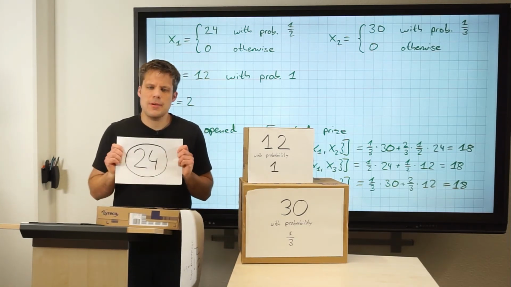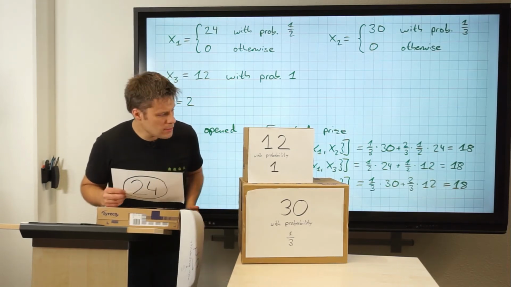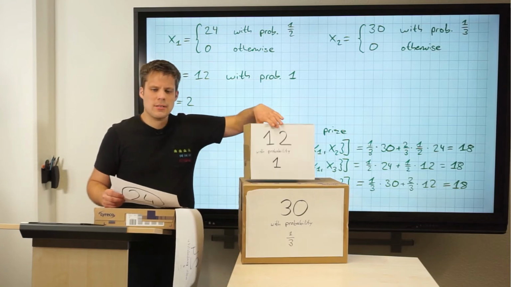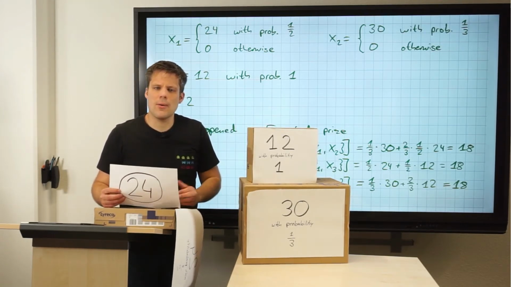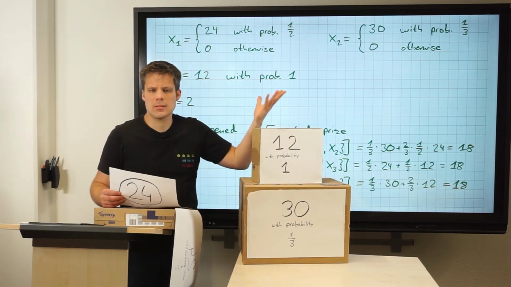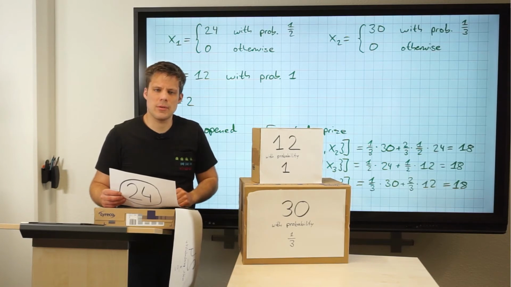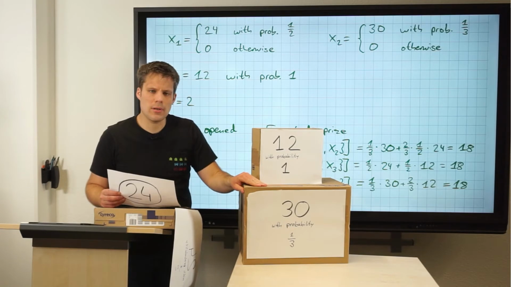And in this case, we find 24. Okay. Then there's certainly no point in opening this box, because all that we can find inside this box will be 12. So why should we open this box anymore? Then we can take the chance of opening the 30 box.